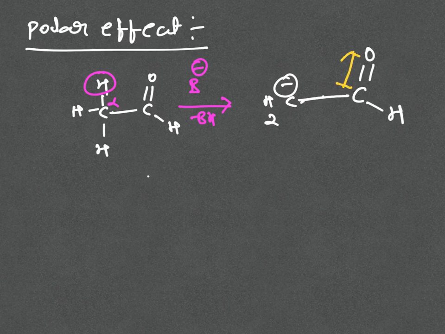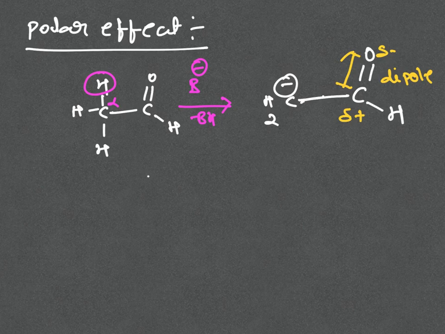And we know that a polar group will develop a dipole. Oxygen is more electronegative, so it has a delta negative charge, and carbon shows a delta positive charge. We call this a dipole, and this is the positive pole and this is the negative pole.